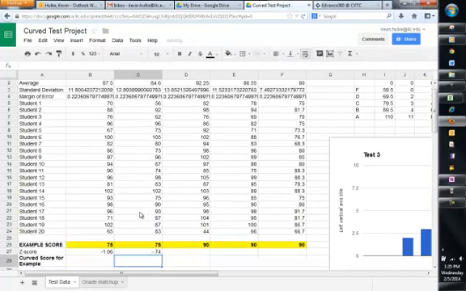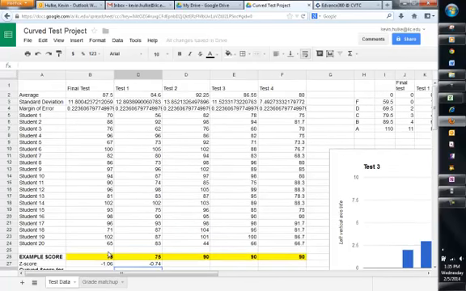So what does that mean? Well, if you compare these two tests, my score of 75 was a long ways below average on the final test, but it wasn't quite as far below average on test 1. The negative means that I'm below average.